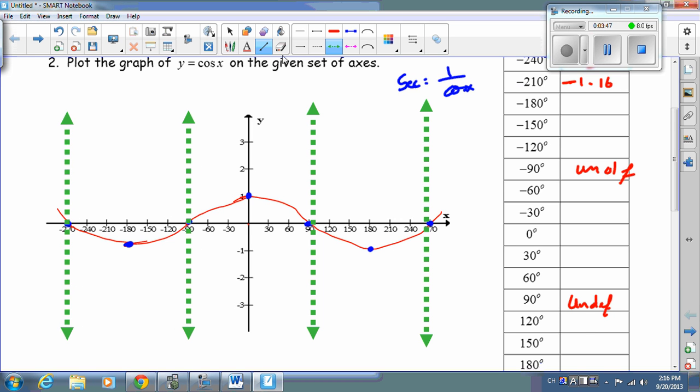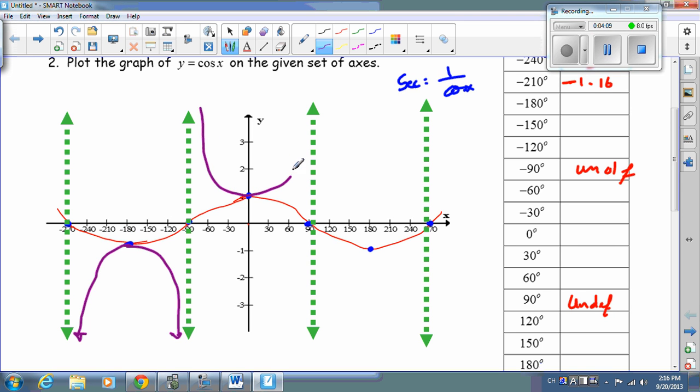And your secant functions are just U shapes or parabolas on your graph. Meaning, wherever you have a bump down, this is how your secant function will look in this specific area. In this one, it will look like this. And this one, it will look like this.